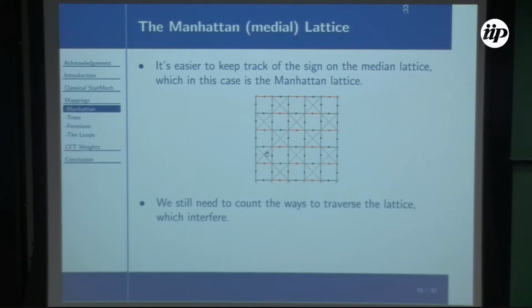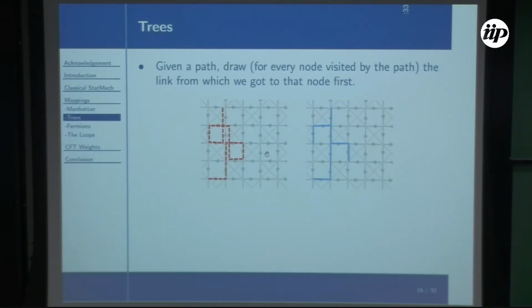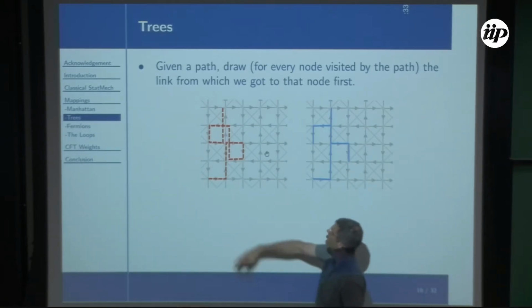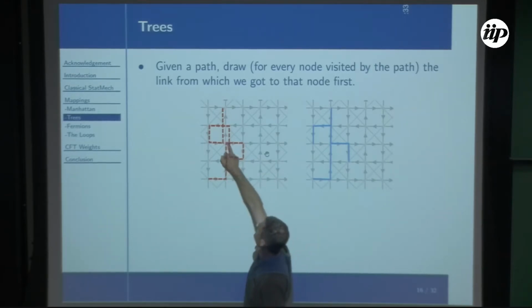And the way that we may keep track of paths is we make use of some ideas from probability theory, which relates these paths to trees. Okay, so there's a many-to-one mapping between the paths and trees. For example, this is a path, and this can be mapped onto a tree. And the way one does that is the path, for example, visits some vertices here.